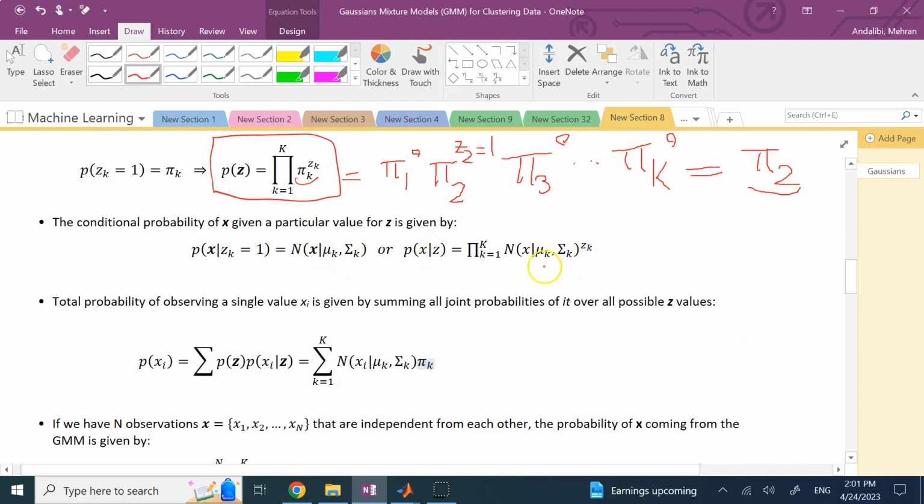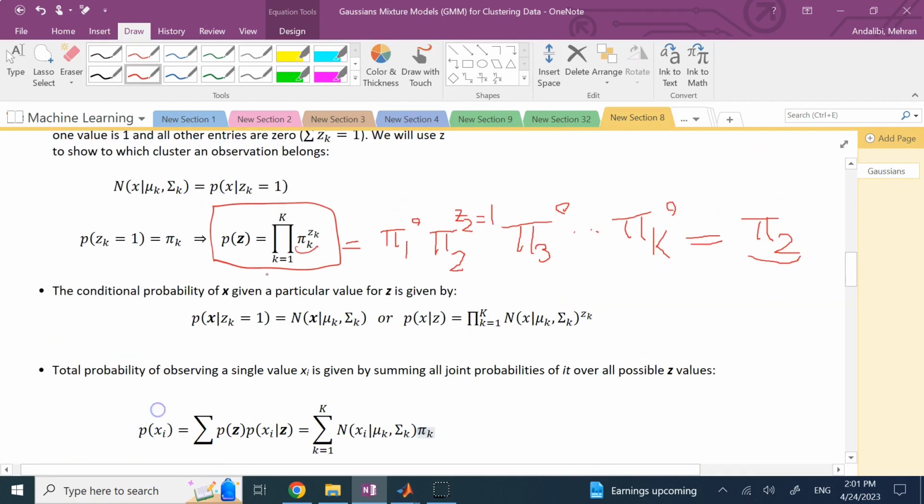Or in general, for the entire z, if you want to write it, you can write it in a similar manner as you wrote this formula on the top: you have all of these normal distributions, raise them to the power z k, and multiply them together. And it is going to be exactly similar to this top one, because the z k's are all 0 except for one of them, that is 1.